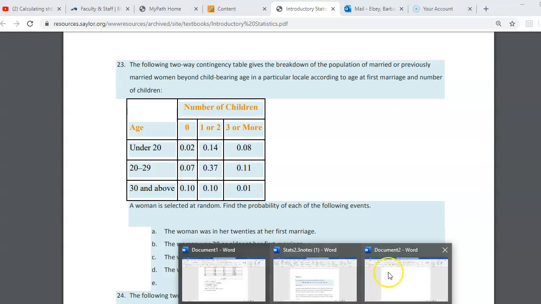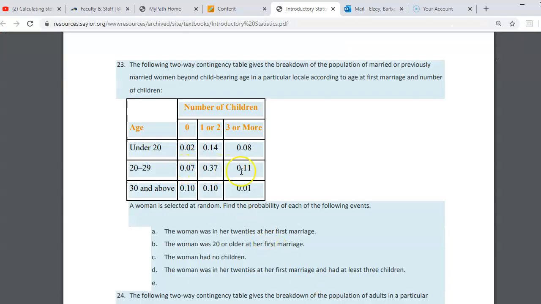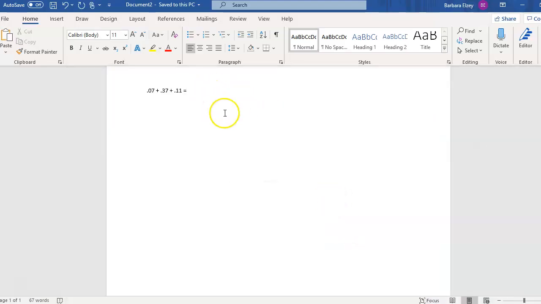Let me double-check that I've written the correct numbers. Yes, 0.07, 0.37, 0.11. So this is the probability the woman was in her 20s. Let's add that up, and that probability is 0.55.